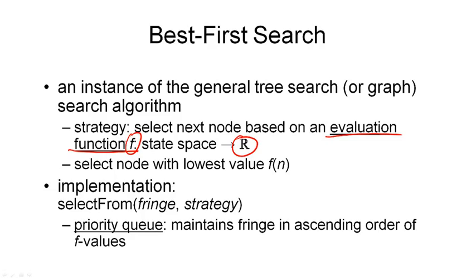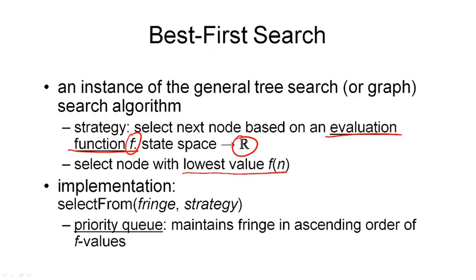Again, if we had a perfect evaluation function, we could use the search to lead us straight to the goal node. Note that the evaluation function is not problem-specific, it is specific to the algorithm. But the evaluation function may use the heuristic function, which is problem-specific. What we mean by best in best first search is simply defined by the evaluation function. The node that is best has the lowest f value.